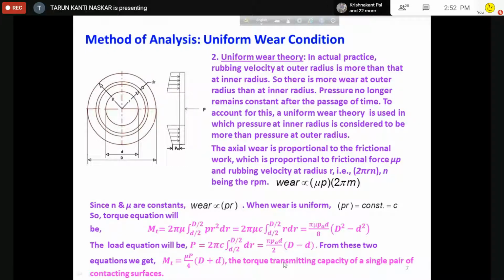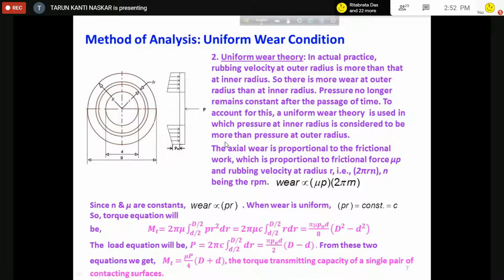So from these two equations, we get Mt is equal to mu P by 4 into capital D plus small d, the torque transmitting capacity of a single pair of contacting surfaces when we consider uniform wear condition.